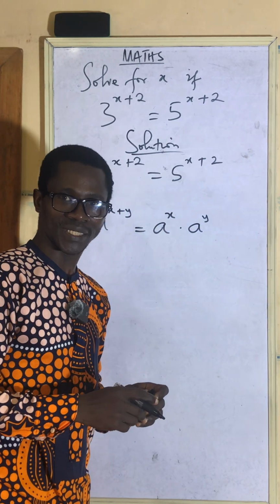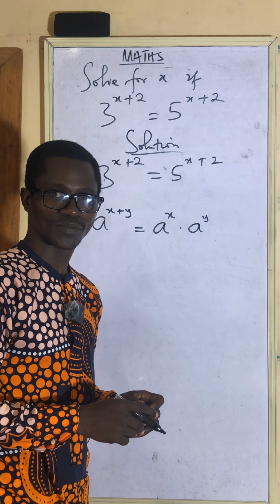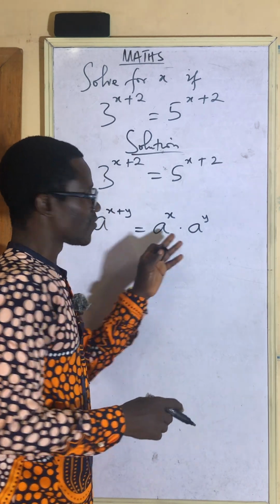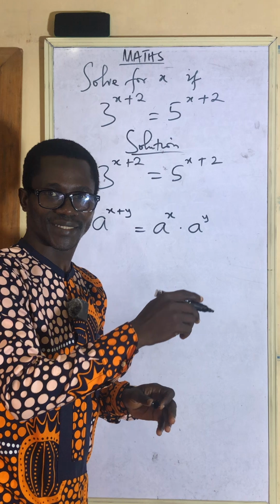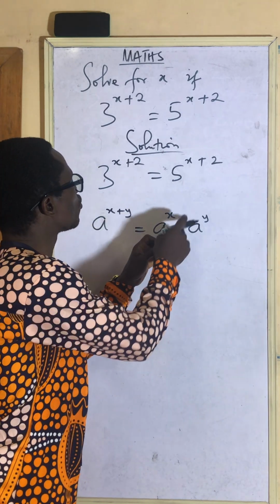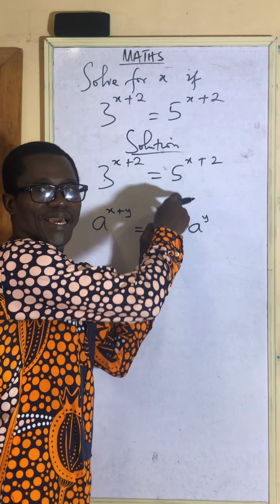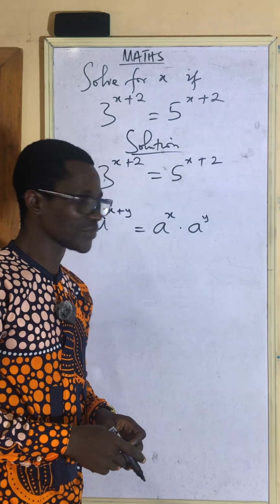This dot here means multiplication. I'm avoiding the use of x as multiplication so as not to make it look like the x that I have in the power.